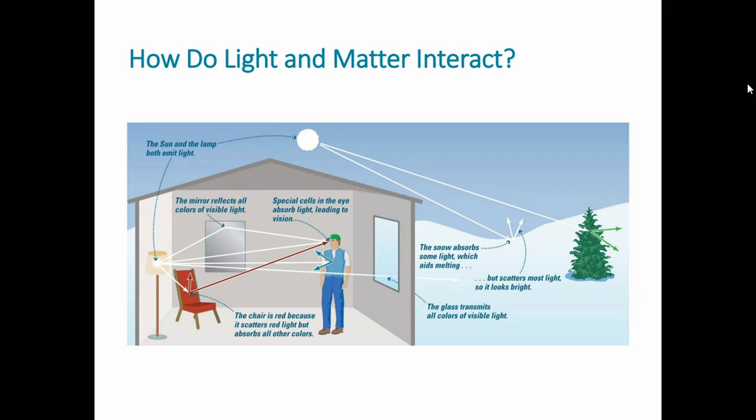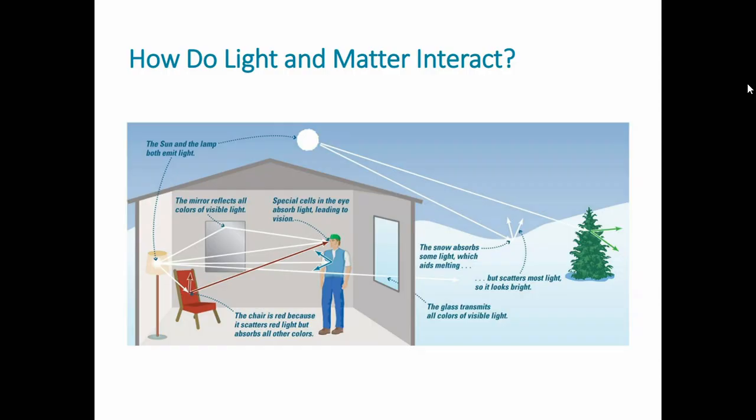There's also light that's coming from the lamp and hitting the chair. That light is then diffracting off of the chair and spreading out into the room, and some of that red light is bouncing off of the chair and hitting your eye. Some of the light from the lamp is also being transmitted through the window.